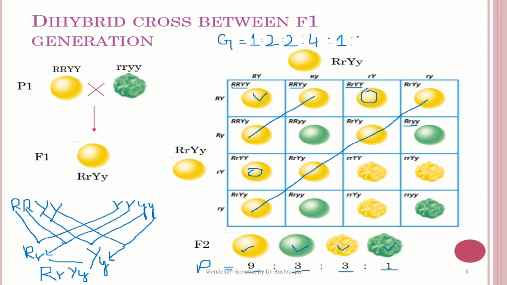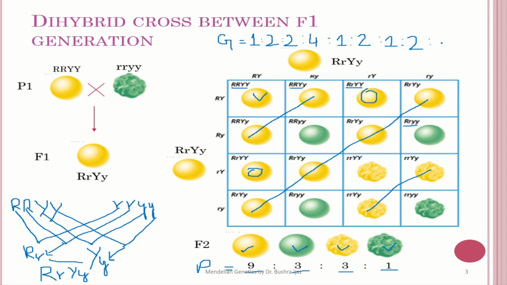So we have 2 individuals of the same genotype. Among these 3, you can see this is homozygous wrinkled and yellow, right? So again 1. And 2 are homozygous wrinkled but heterozygous yellow. These 2, again 2 individuals with the same genotype, and then only 1 homozygous wrinkled and green.